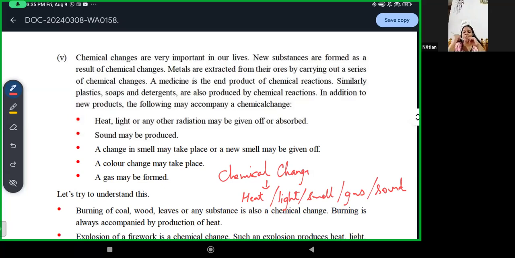And sometimes there is heat, smoke rises, sometimes there is a little spark at the end of a chemical reaction, that's light. Sometimes smell, very true, happens a lot when chemical reactions take place, the smell changes. Gas can be produced like CO2, or any other gas, and sound also.